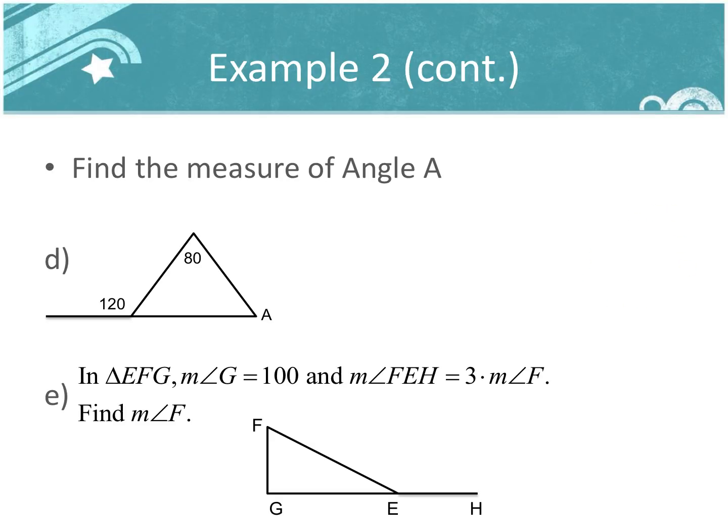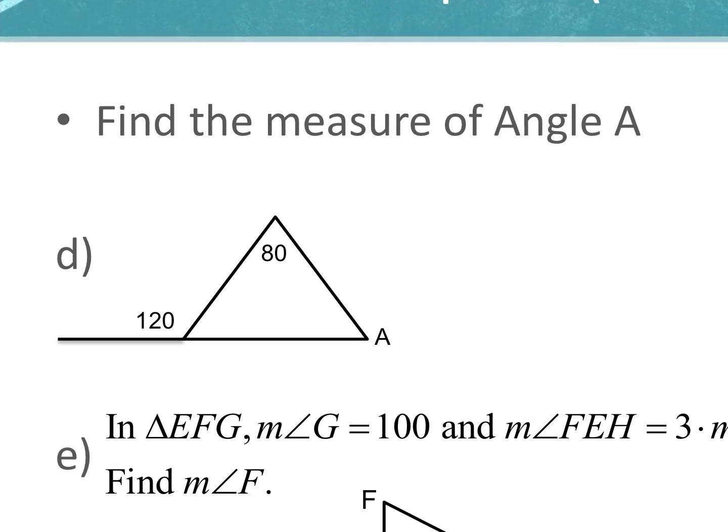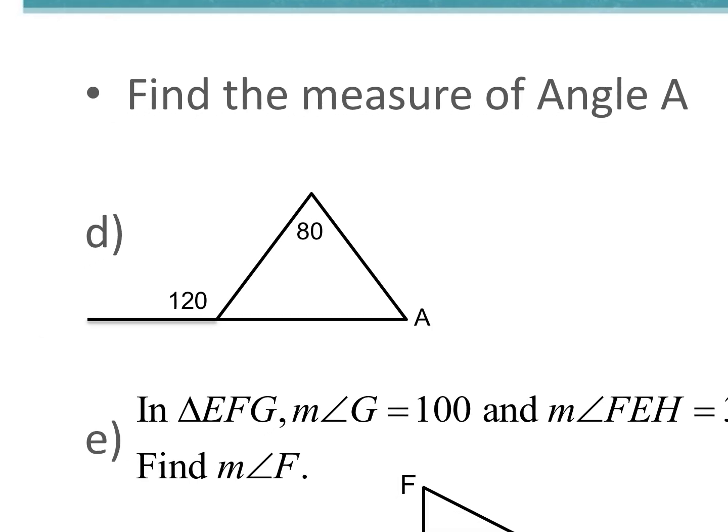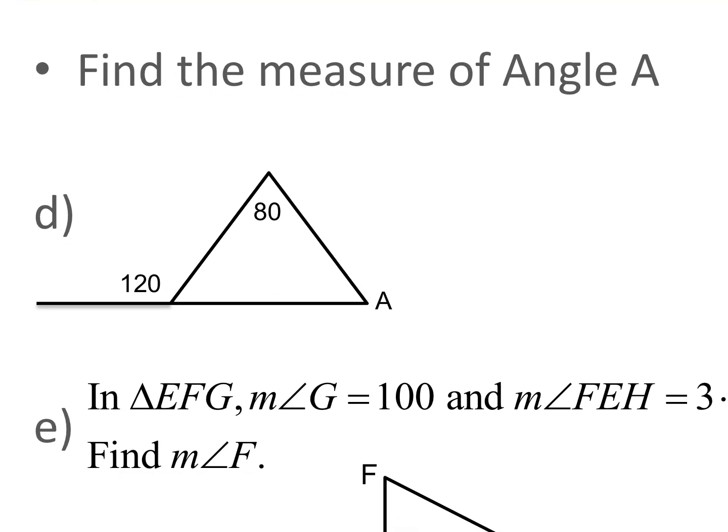All right, looking at the last slide, find the measure of angle A. So for D, how would I solve for angle A? How would I set this up? Go ahead, Michaela. Good. So remember, if you add these 2 angles right here, they equal the outside angle.